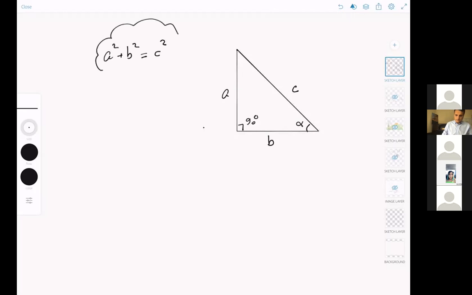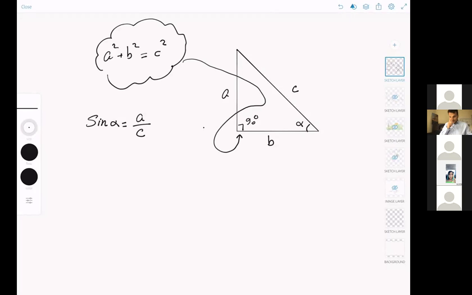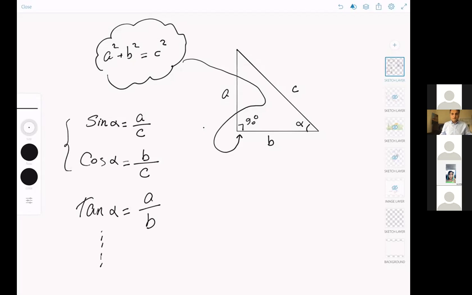This only works for the one with the 90 degrees, correct? Also, we are able to apply sine of alpha, which is opposite over hypotenuse. Cosine of alpha is adjacent over hypotenuse. And tangent of alpha is equal to opposite over adjacent. We can continue with cotangent, secant, and cosecant, but most of them come from these. So this is the foundation of this course.